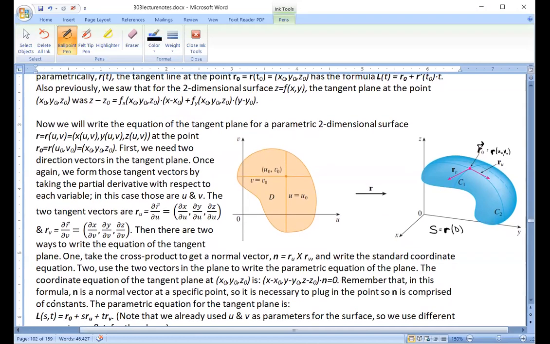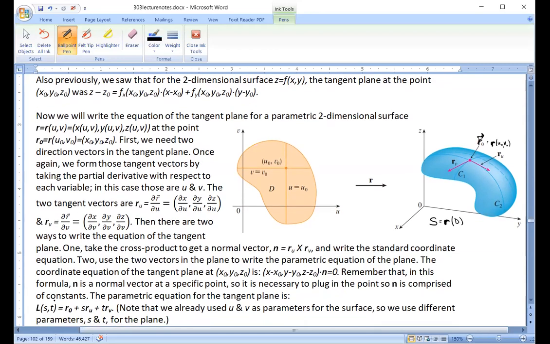We're still going to refer to the tangent object as L, but now we're going to use the parameters s and t because it's going to be two-dimensional. So L of s, t equals our original point, R0, plus s times dRdu. So s is some number times one tangent vector, plus t times the other tangent vector, dRdv.